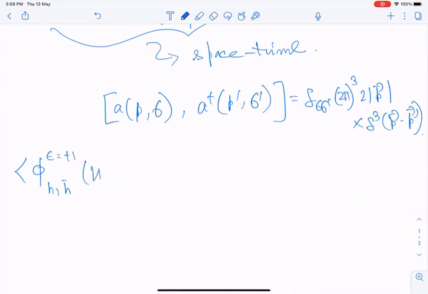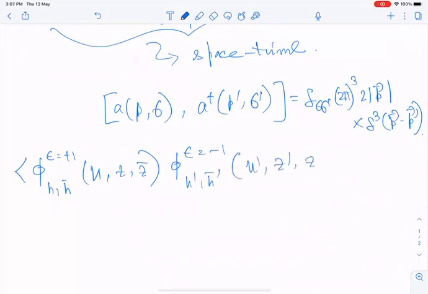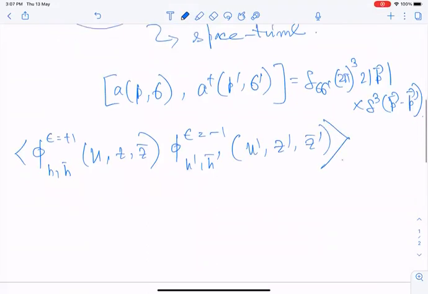So we can write it as phi of epsilon, u z z bar, and phi of epsilon minus 1, h prime bar prime, located at some other point u prime z bar prime. This is essentially the vacuum expectation value of these two fields, and this is essentially the transition amplitude for a massless particle on Scri plus to go from u prime z bar prime to u z z bar.